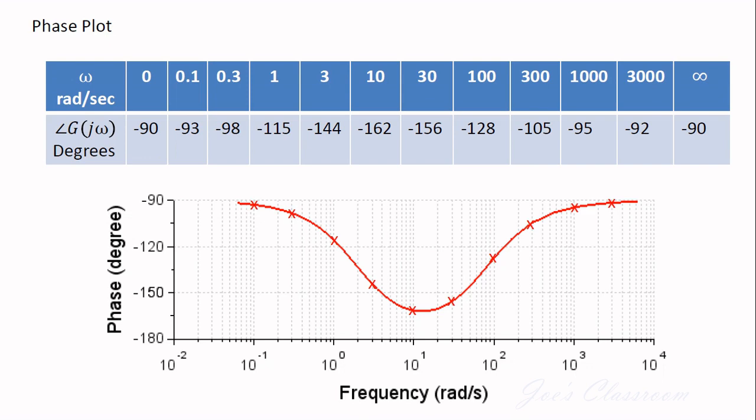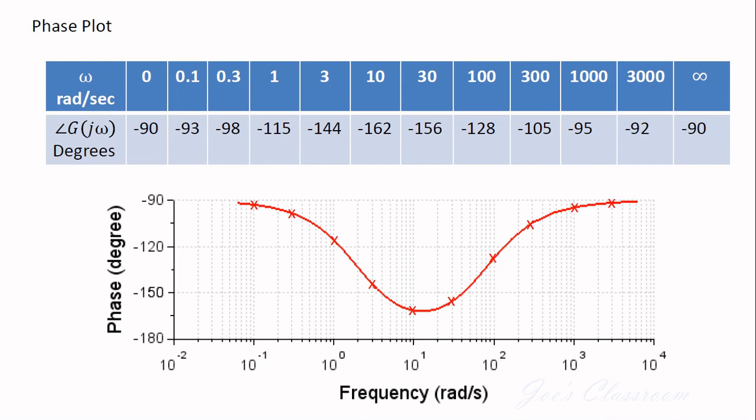So, if I have an asymptotic Bode magnitude plot, I can get the transfer function of the system easily. That is why we focus more on the asymptotic magnitude plot rather than the phase plot. So we don't draw the asymptotic phase plot, we draw the exact phase plot, whereas the magnitude plot is going to be an asymptotic magnitude plot.